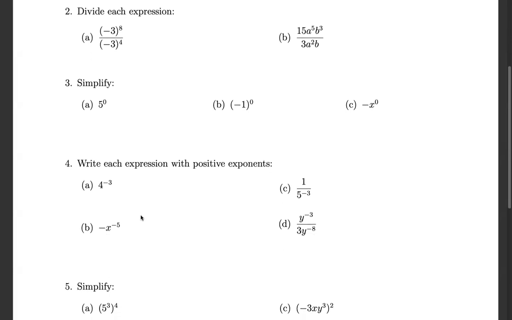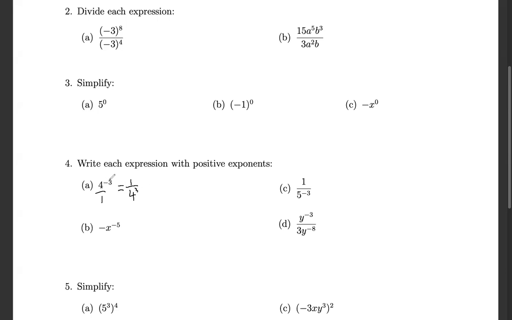Okay, let's see 4. So now we have a negative exponent. So negative exponent means this, because this denominator is 1, right? It goes to the denominator with a positive exponent.